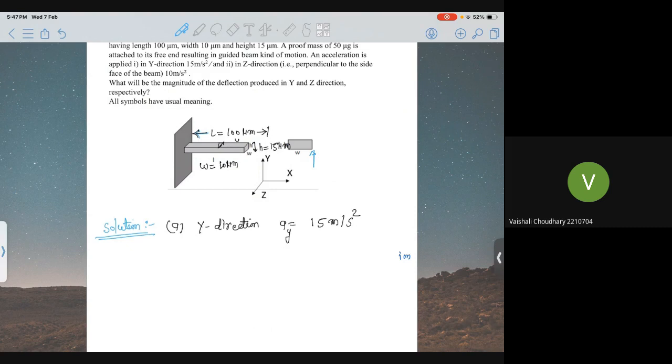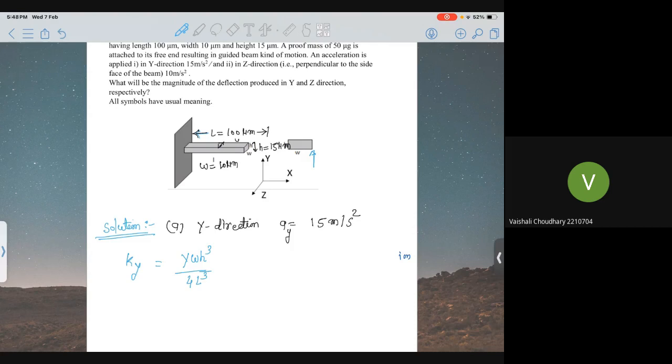Okay, so the spring constant in the y direction, which we denote with k suffix y, is Y w h cube by 4 times l cube.